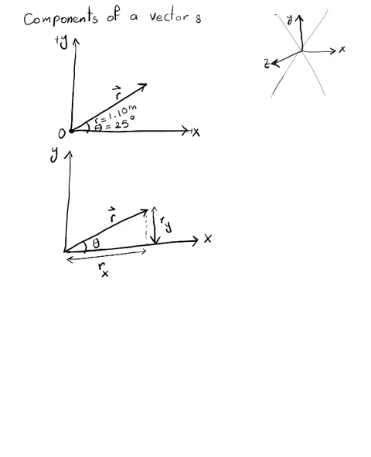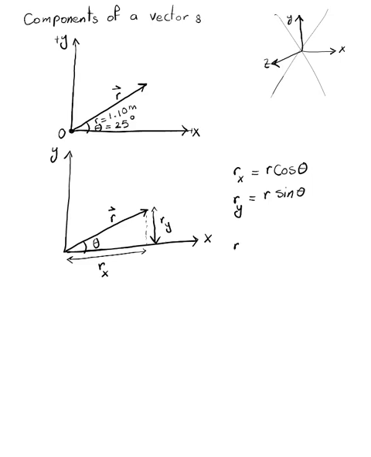So what we know is that the magnitude of Rx, which is the magnitude of my vector in the x direction, is the magnitude of R times cosine theta, and then the magnitude of R along the y-axis is equal to R sine theta. So if R is 1.1 meters and theta is 25, let's find them.